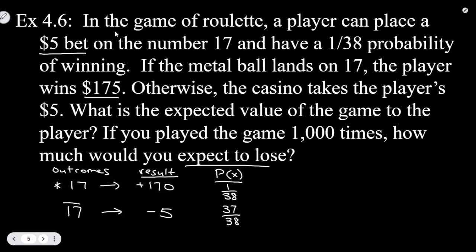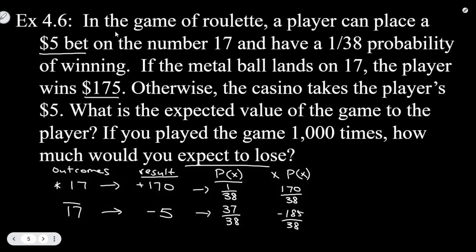So we're going to take our values and multiply them together, so x times p of x. The first one I'm going to leave as a fraction, so 170 out of 38. Then for this one I need to multiply: negative 5 times 37 is negative 185 out of 38.